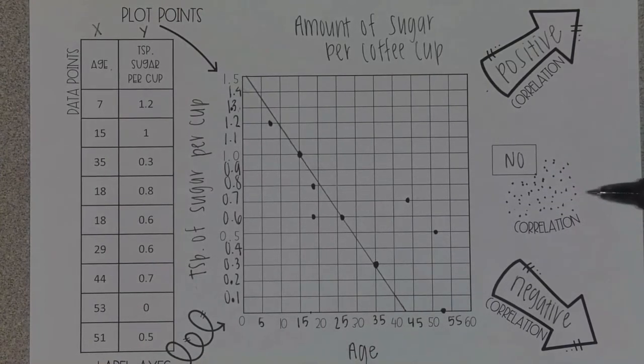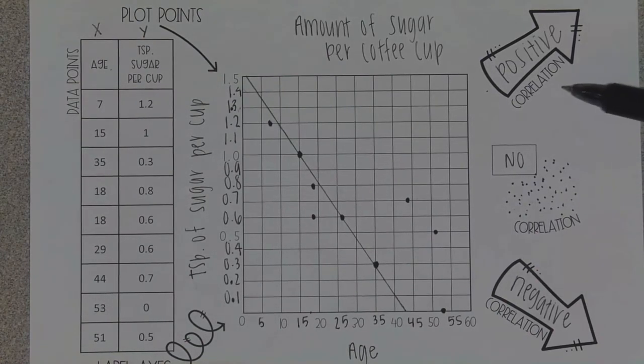An example of no correlation could be asking people how many letters are in their first name and how many siblings they have. Well, the number of letters in your first name isn't going to have any effect on the number of siblings you have, so that would have no correlation.